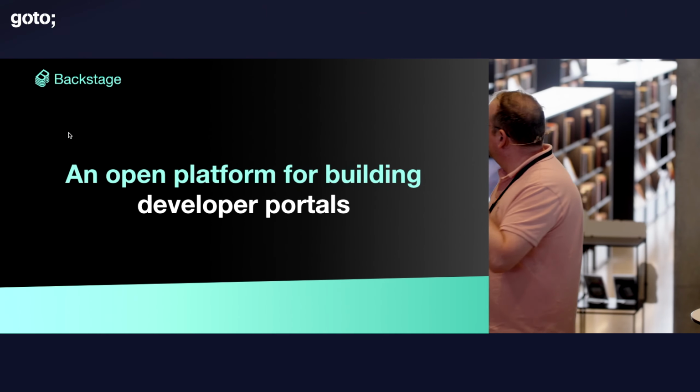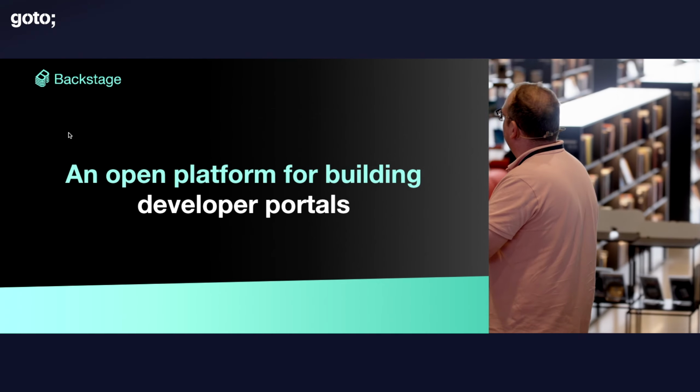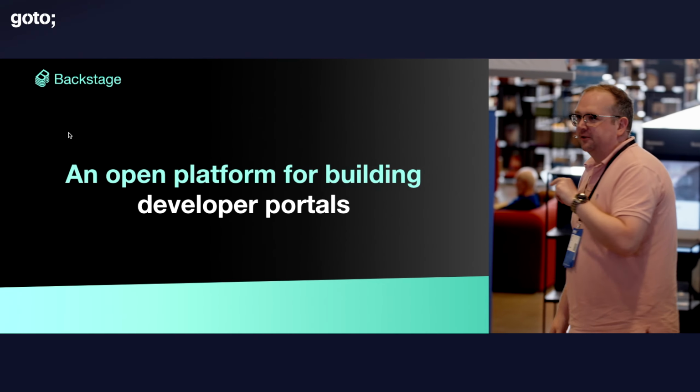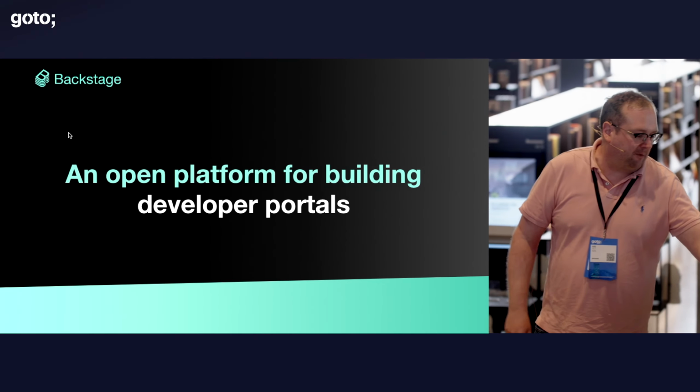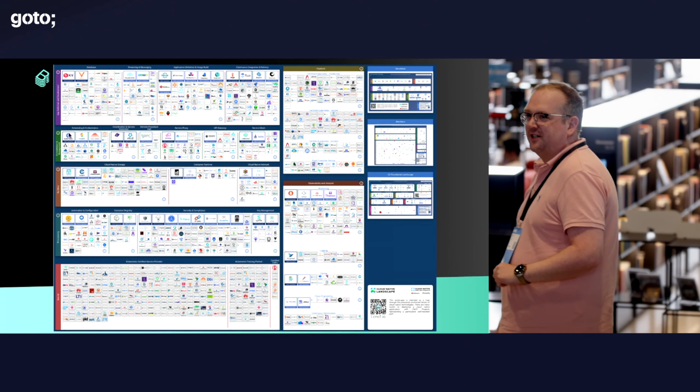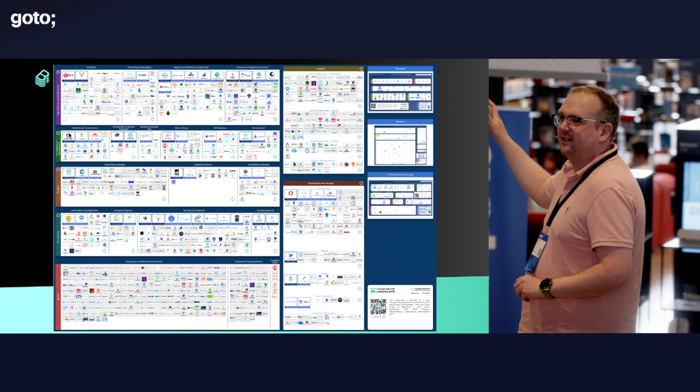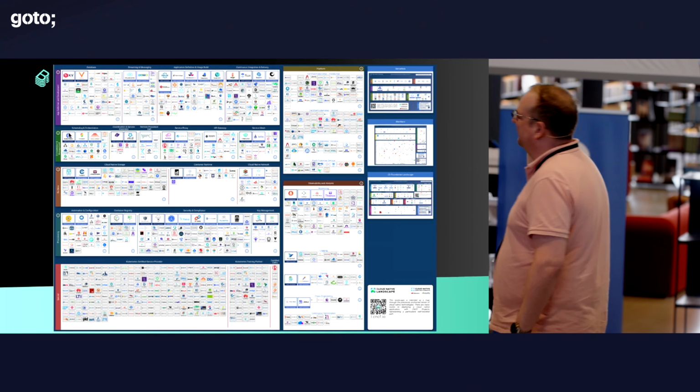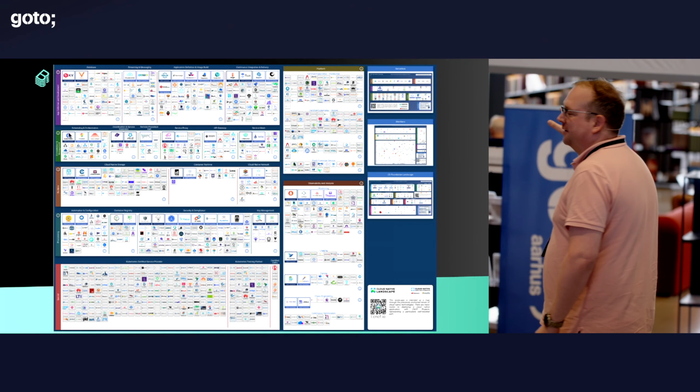Let's start with probably the most important words in that sentence: developer portal. To understand developer portal, I want to show you this picture. It's really small when it's up on that big screen, actually. I should have thought that through a bit more. If you've not seen this before, this is the CNCF Landscape, the Cloud Native Compute Foundation.